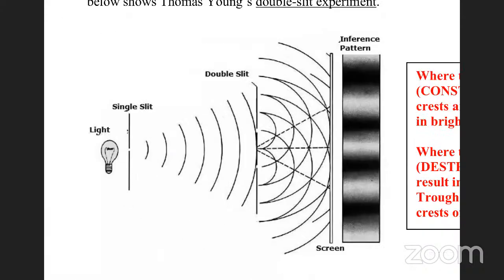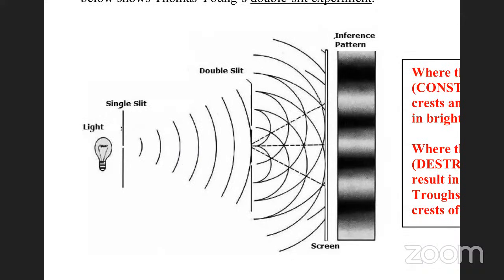So you have light going through a single slit. The purpose of the single slit is that light sometimes doesn't produce waves of one wavelength alone. So when you put the single slit in front, it's a kind of filter, giving you light going into the double slit of the same wavelength.